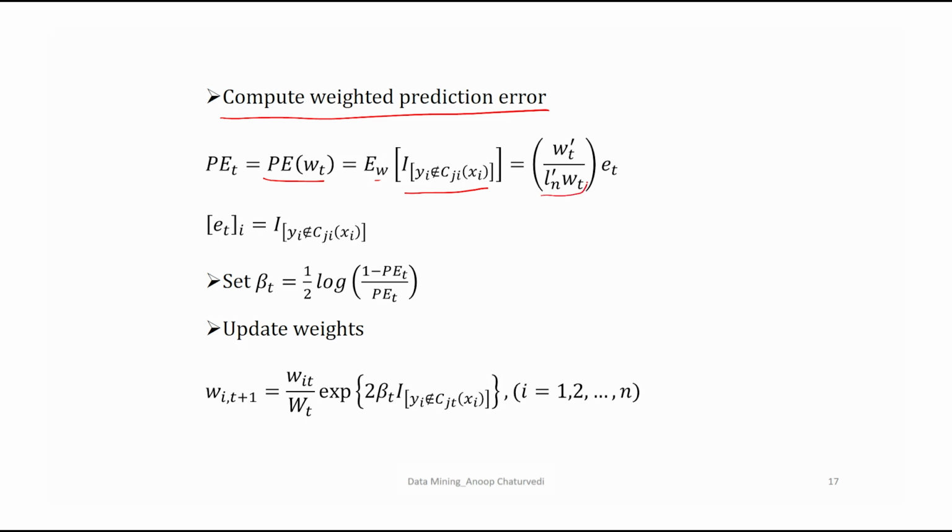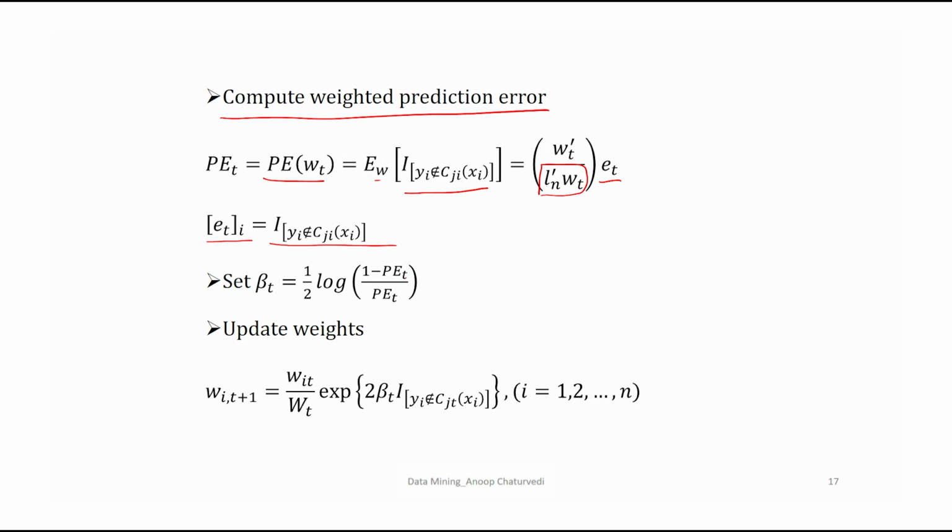We are dividing by this quantity so that the sum of all the weights is equal to 1, where the ith element of Et is the indicator function of the set that Yi does not equal C_jt(xi). And then we set beta t equal to 1 upon 2 log of (1 minus PE_t) upon PE_t.